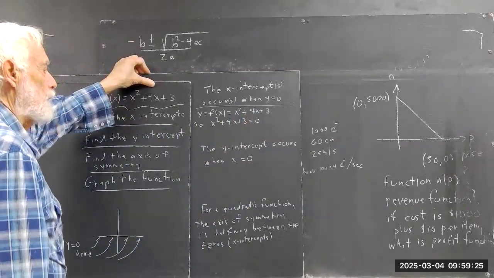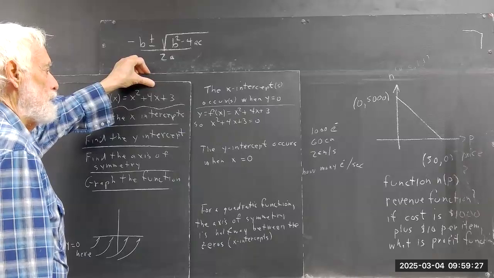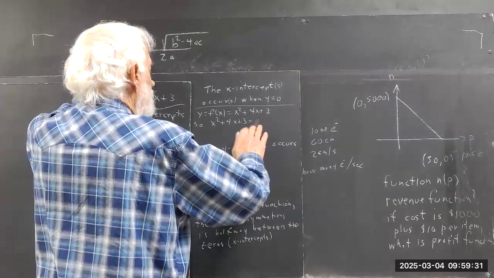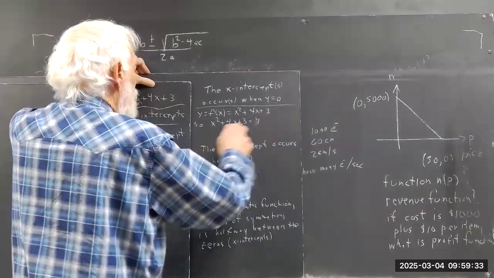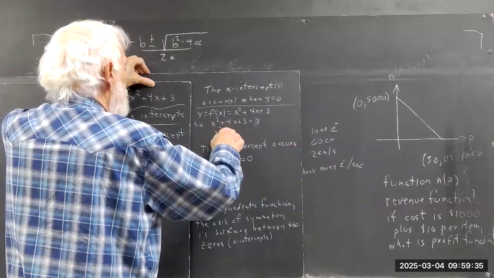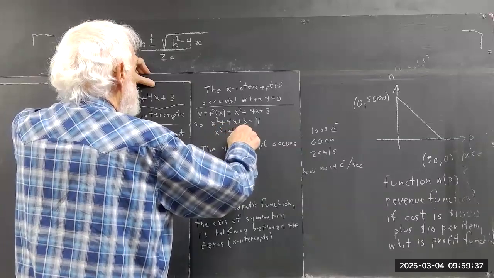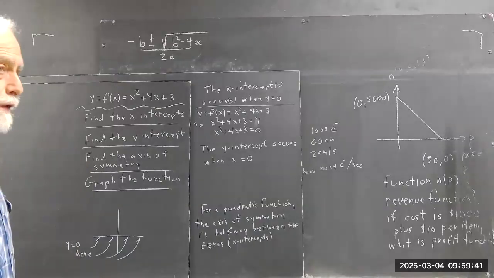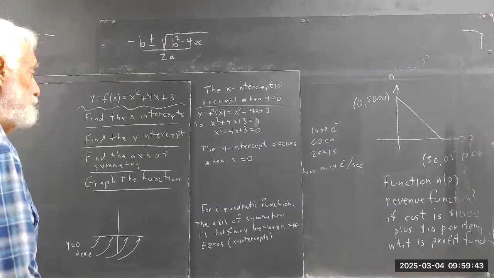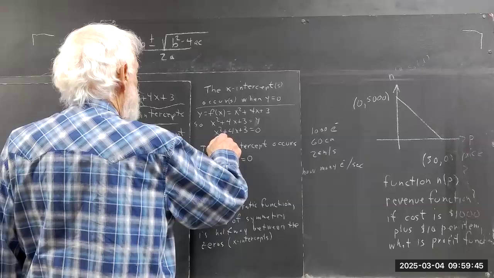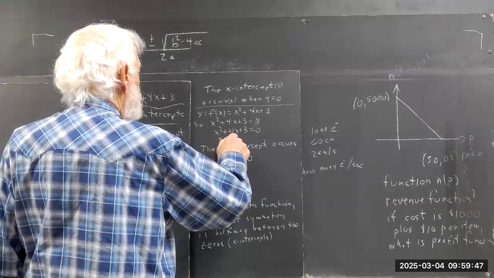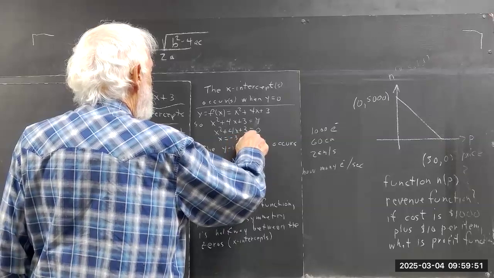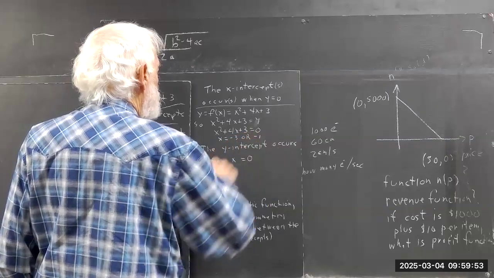Now y equals 0, so x squared plus 4x plus 3 equals 0. So x equals -3 or -1.